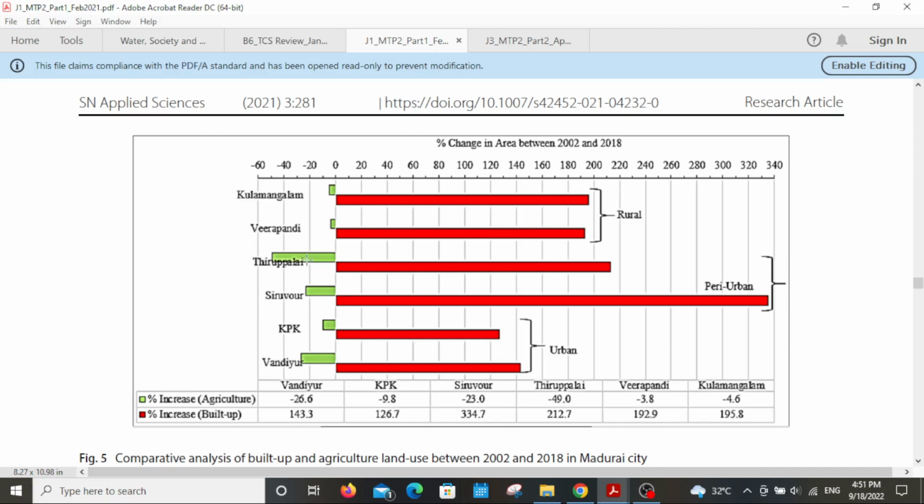So the regions where the decrease in agricultural land is high are the peri-urban and urban land use, while it is not so significant in the rural landscape. And the built-up increase remains significant in almost every catchment, but more significant in the peri-urban and urban regions.